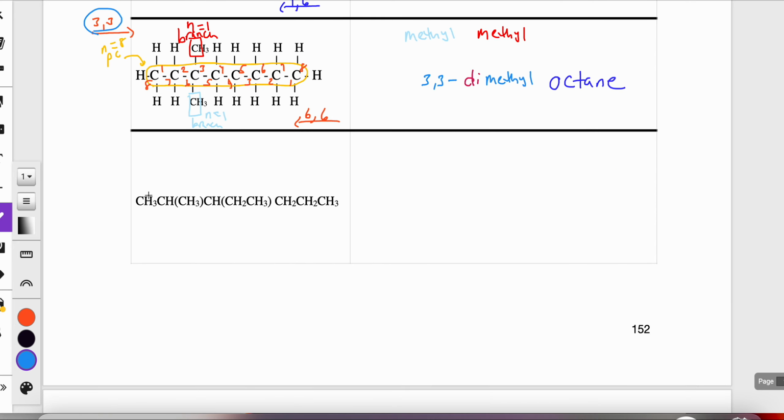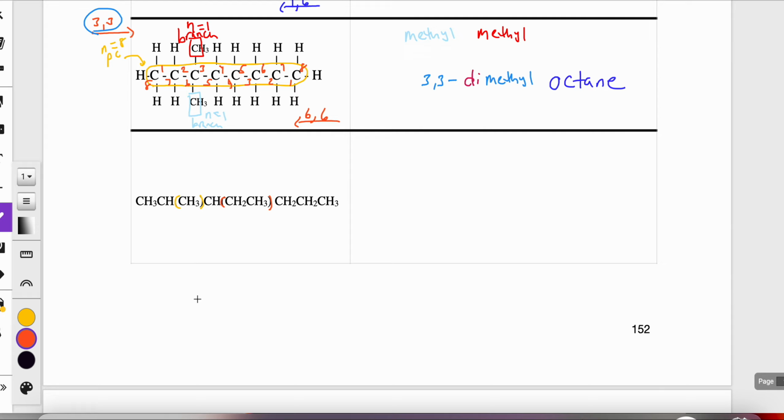Now, when I take a look at this next example, it's not a full-blown structure, but there are some definite clues that are given to me here. So when I take a look at this, notice that I have a carbon with its hydrogens in parentheses right here, and I have a second one right here.